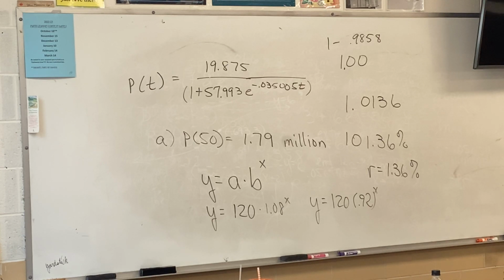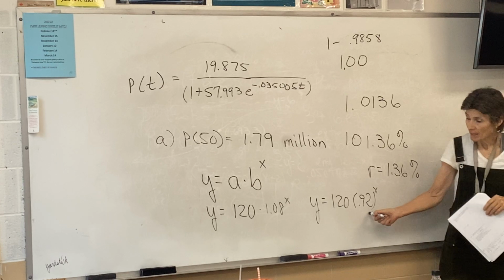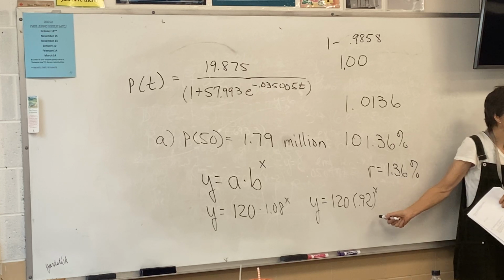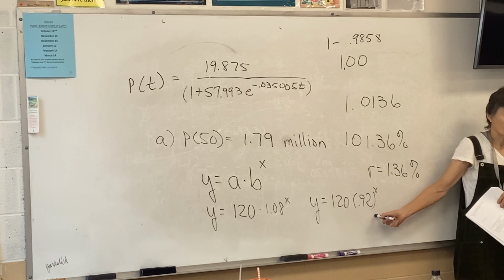Because your rate of growth and decay, when you put it into the equation, always gets either added or subtracted from 1. You start with 1 and then add or subtract. Never use the percentage itself in the problem. I'm not using 8% in this problem, I'm using 0.92 in the problem.